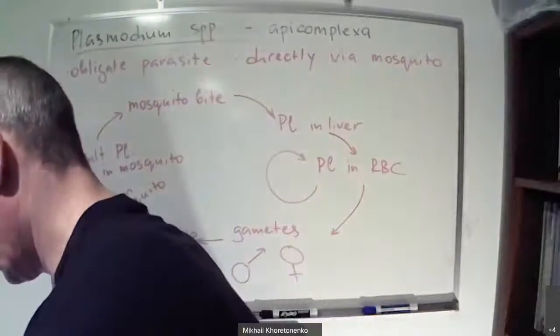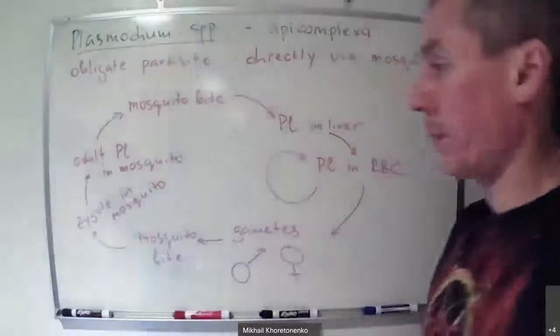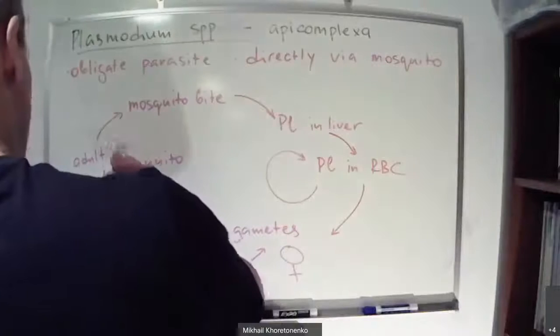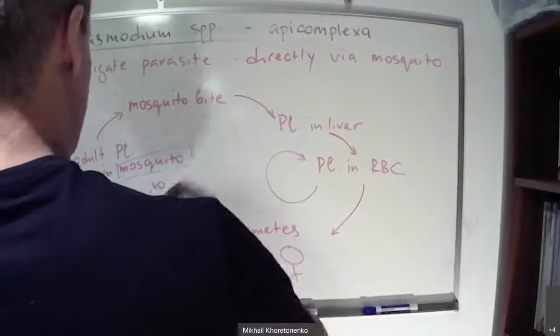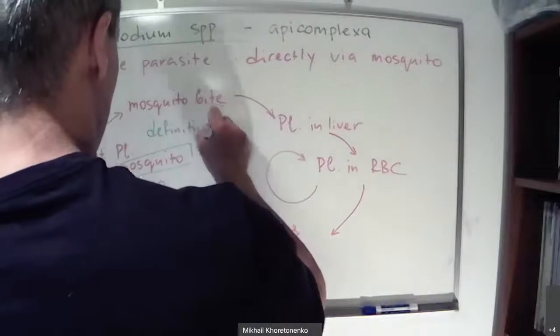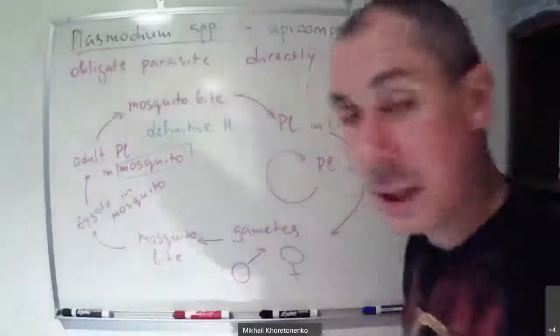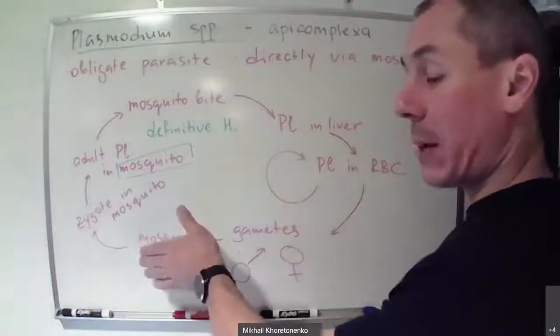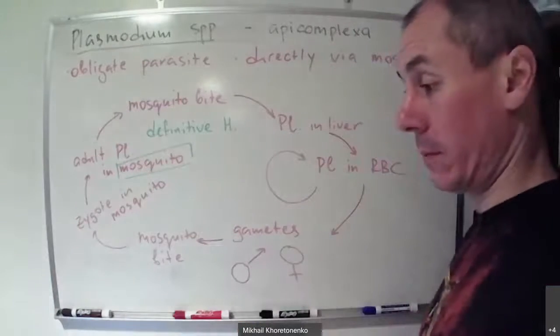So here in this cycle, I want to highlight a couple of new terms for you. One is a definitive host. A mosquito here is the definitive host. Why do we call it a definitive host? Because that's where the sexual stage happens. That's where gametes fuse to form a zygote.